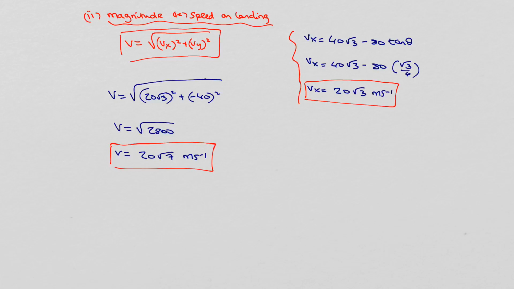Sorry, 20 root 7. I didn't realise I hadn't pressed pause there. Okay, so we looked for the magnitude, or as in decimal form, it could be 52.92 meters per second.